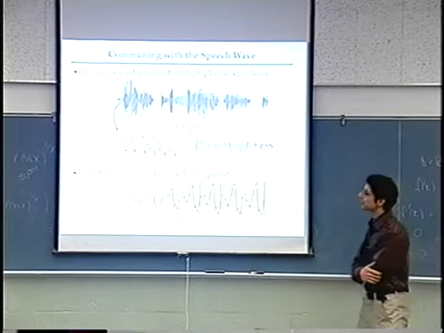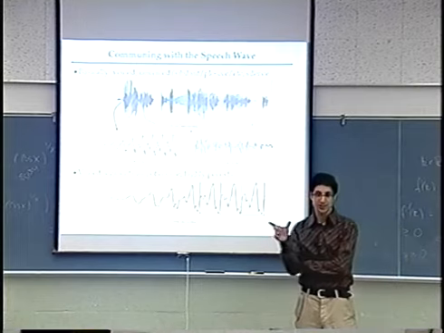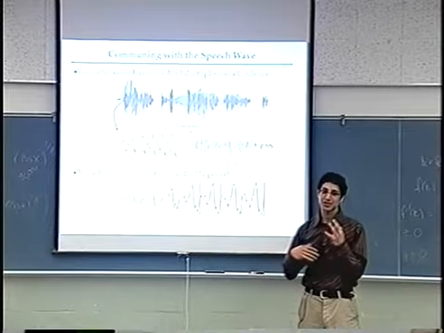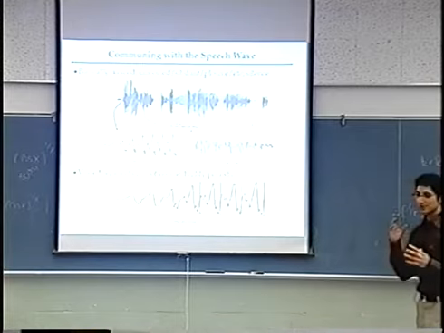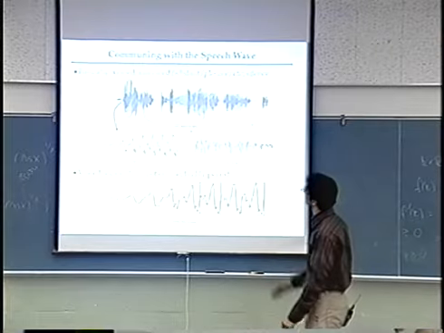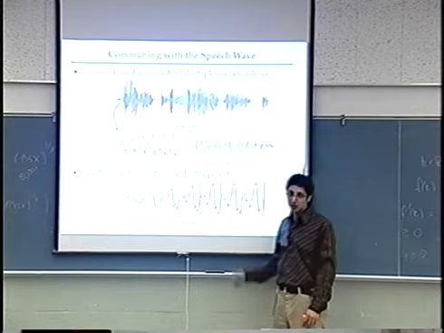Roughly speaking, in clean speech, there are three kinds of things. There are voiced segments, there are non-voiced segments, which are fricatives, sibilants, plosives and all these various unvoiced sounds, and then there's silence. Voiced segments, of course, are extremely periodic.